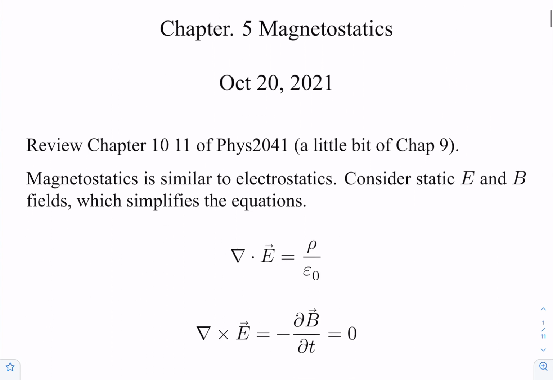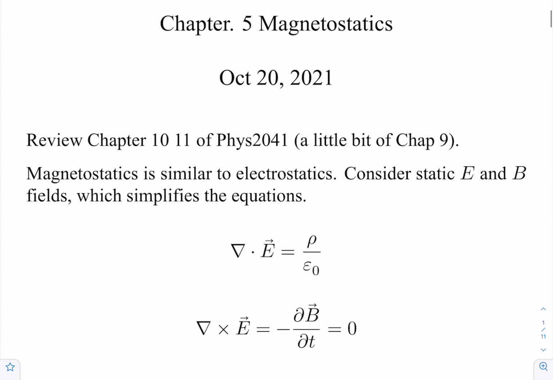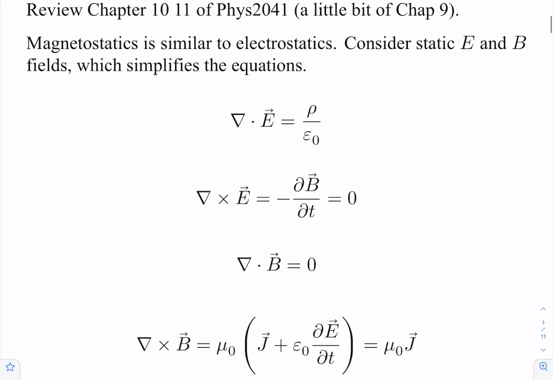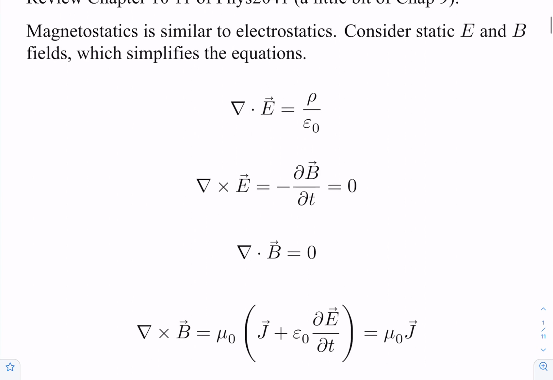This chapter and the chapter following, which is about magnetic fields in matter, are very similar to the previous chapters on electrostatics. If you look at Maxwell's equations for all the static problems, the time-dependent fields are gone.